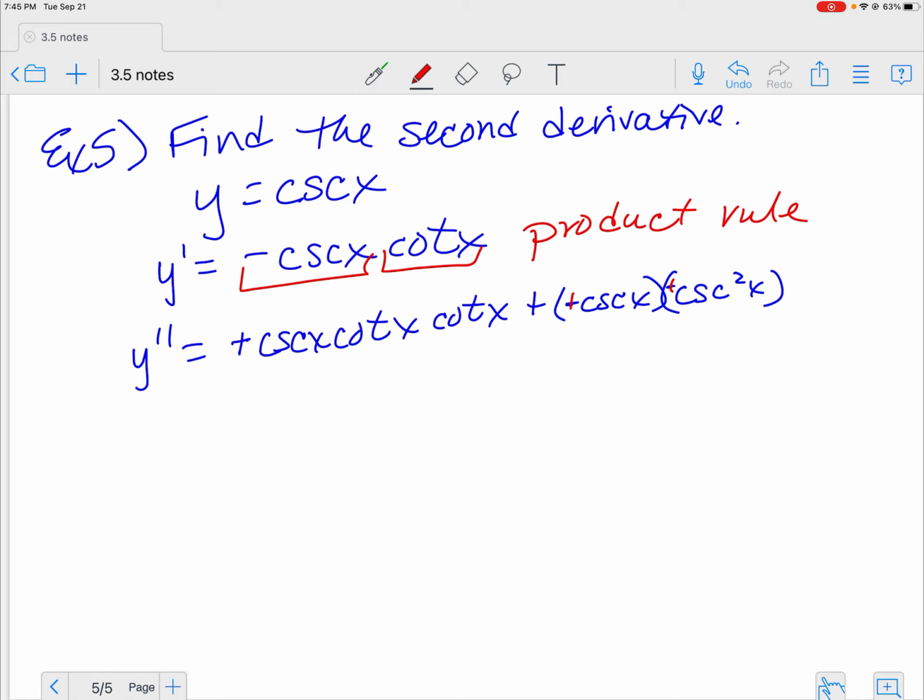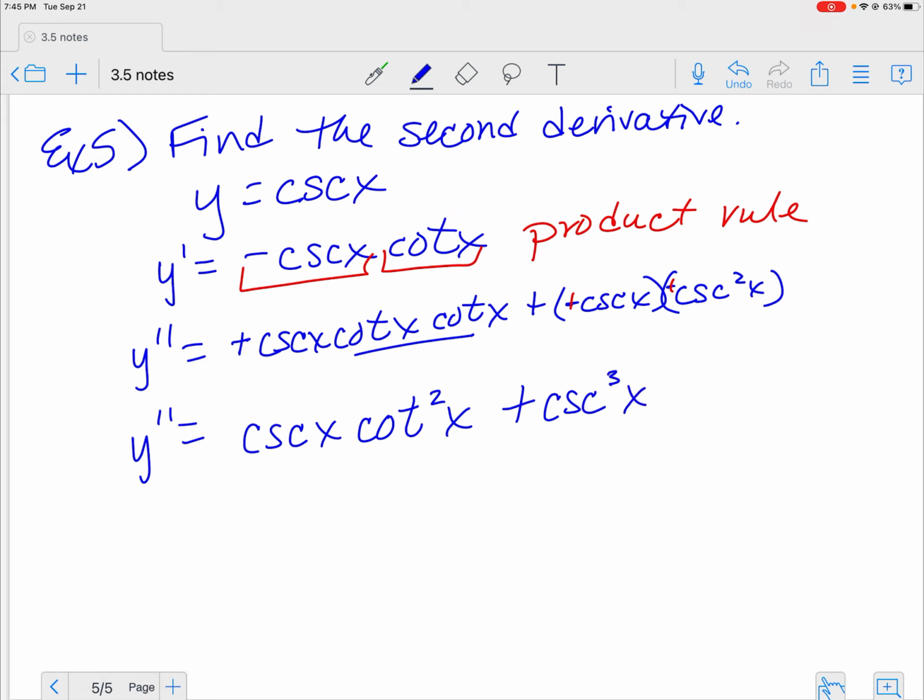Now, let's put these together and clean this up a little bit. Let me change back to blue. So I have a double cotangent, so we'll write that as cosecant x, cotangent squared x. Over here I have 3 cosecants. So this is cosecant cubed that you have.